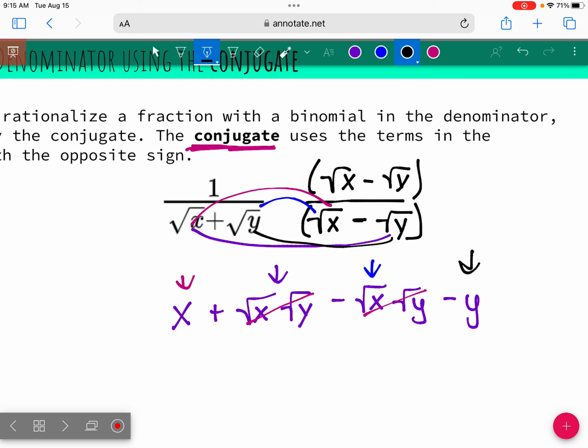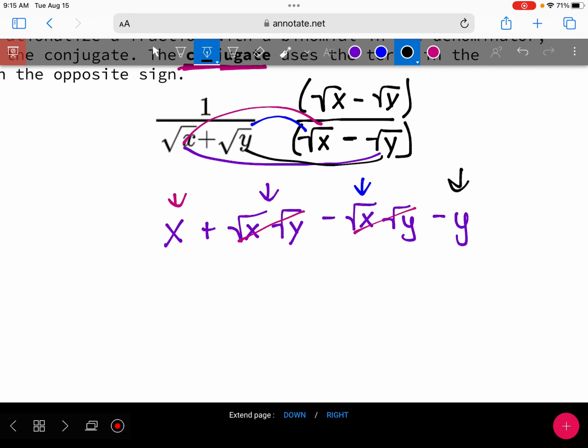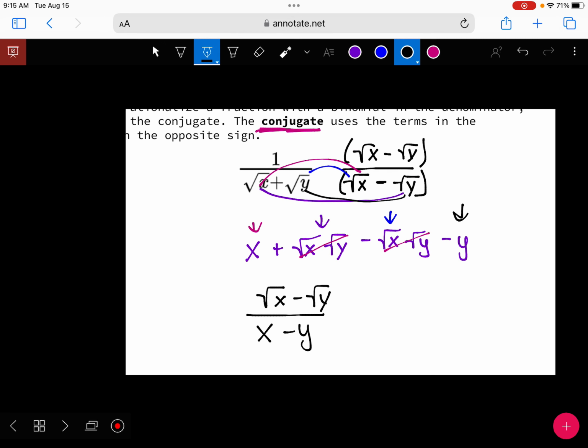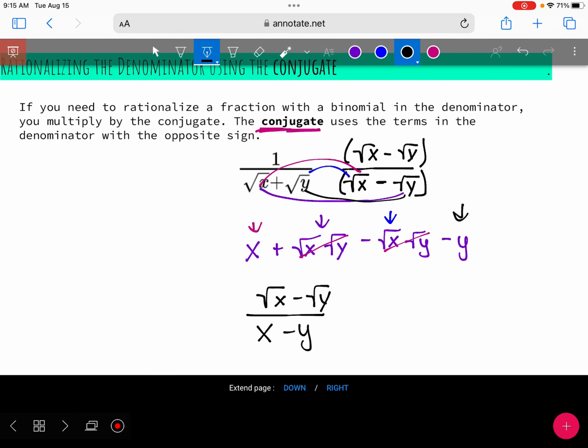And then when we simplify, our denominator turns into x minus y. And our numerator, 1 times square root of x minus square root of y. You do not have to write out that middle step. It was just showing us what's happening. We made difference of squares just with a gazillion square roots.